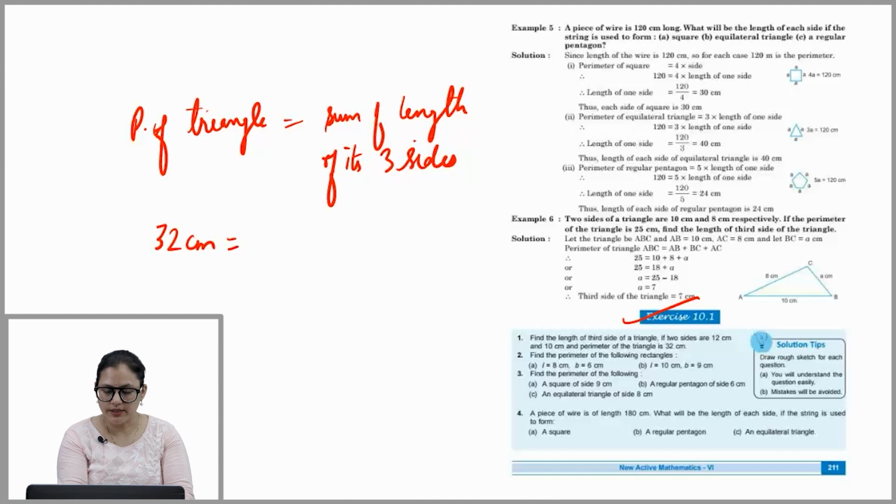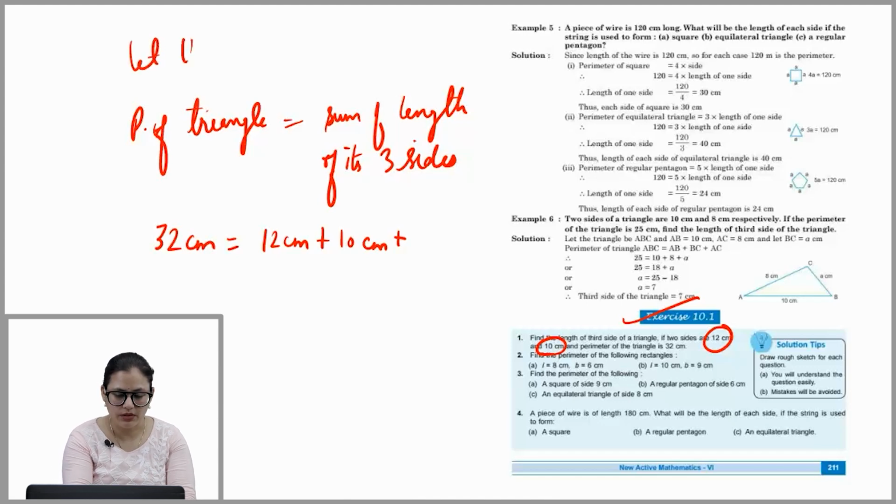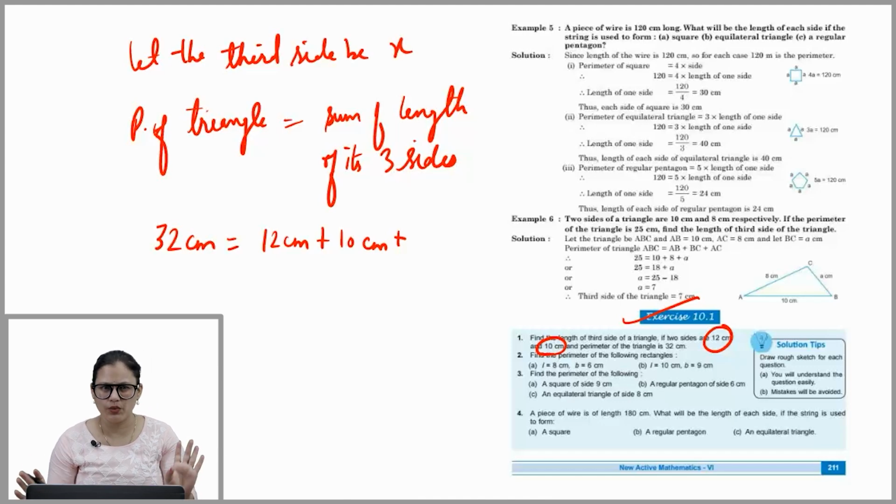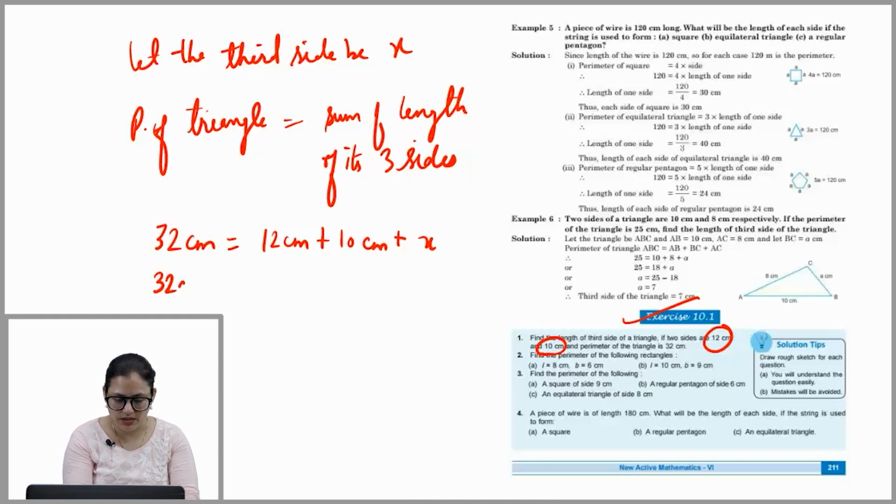But here the problem is that only two sides are given. The third side is not given. So we will write here 12 cm plus 10 cm plus, let the third side be x, y, z, whatever you want to take. If we write x, 32 cm, we will add these two: 12 plus 10 is 22 cm plus x.